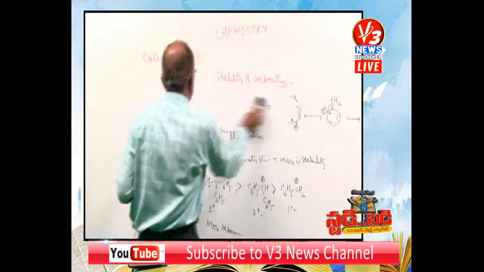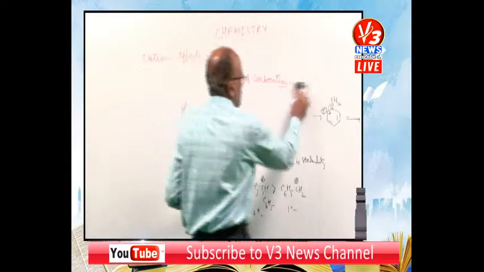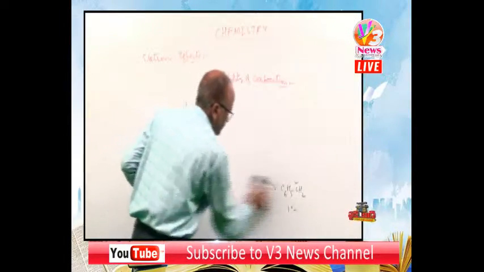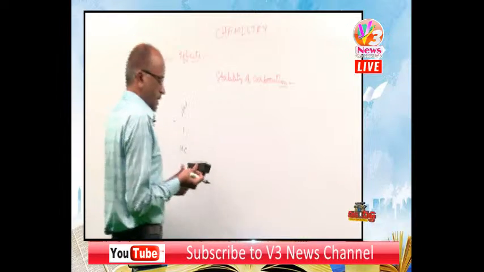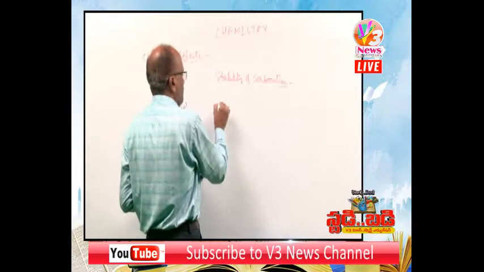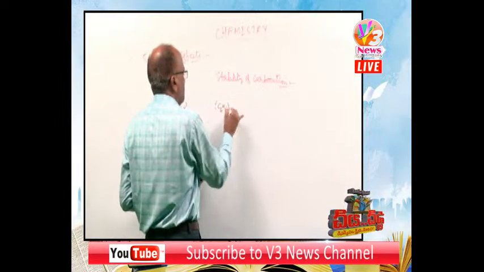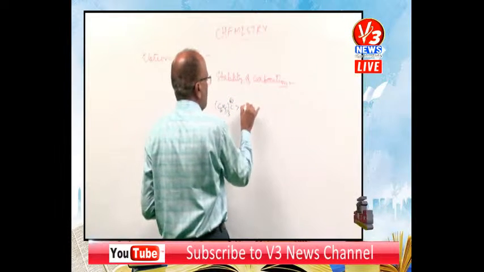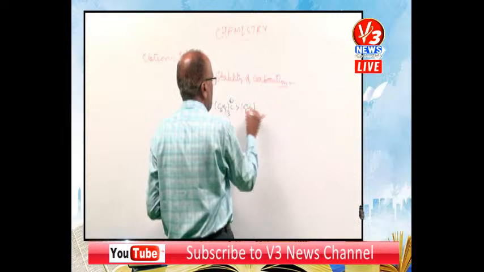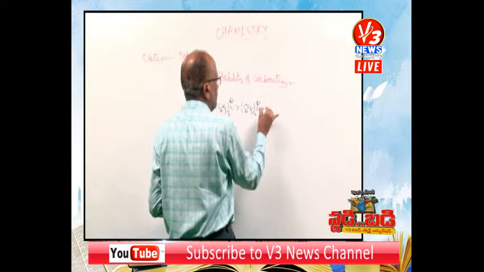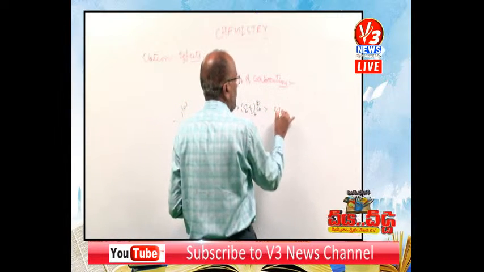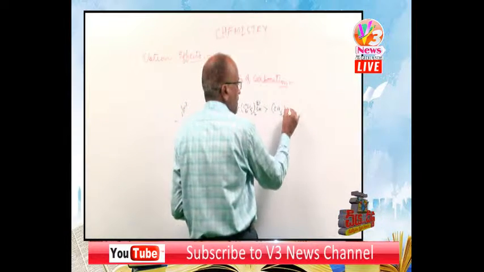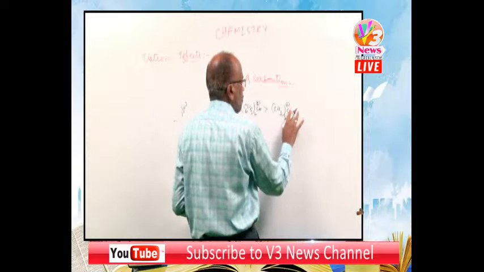Now coming to the general stability order of this. A tertiary benzyl carbocation is more stable than a secondary benzyl carbocation, which is more stable than the primary one. This is a very important point; there will be confusion here.